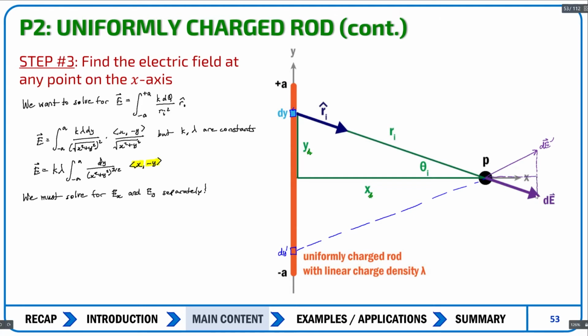Now taking a look at this, I have components that I can compare between the two, and it looks like the vertical components are going to cancel out. So what this tells me is that by symmetry, the y components cancel. So we know only dEx counts towards dE.